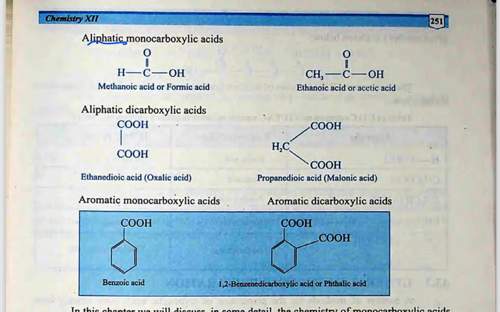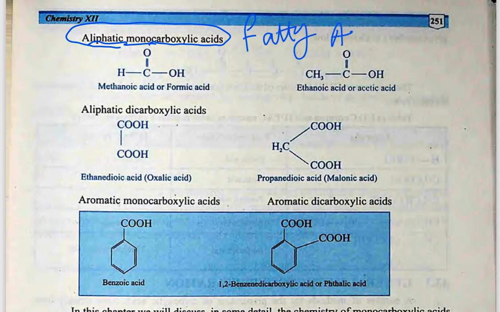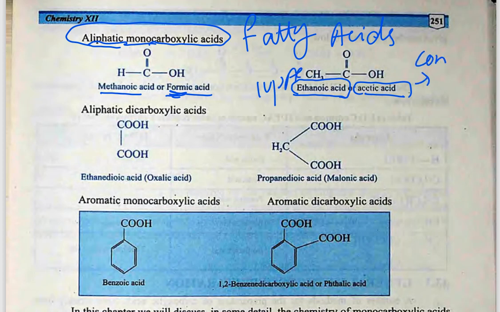Aliphatic monocarboxylic acids are most commonly called fatty acids. Methanoic acid or formic acid, formic is the common name, and ethanoic acid or acetic acid, where acetic is the common name and ethanoic acid is the IUPAC name.